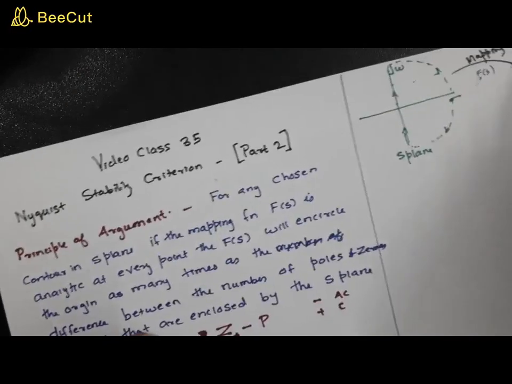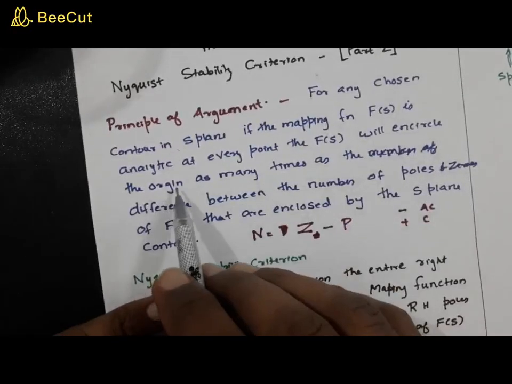Mapping is done at every point of f of s, and the picture is going to encircle the origin.